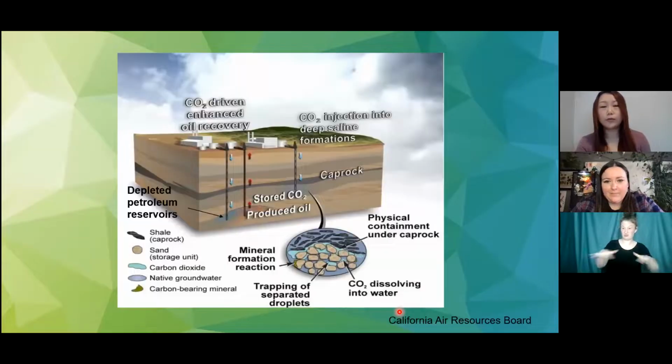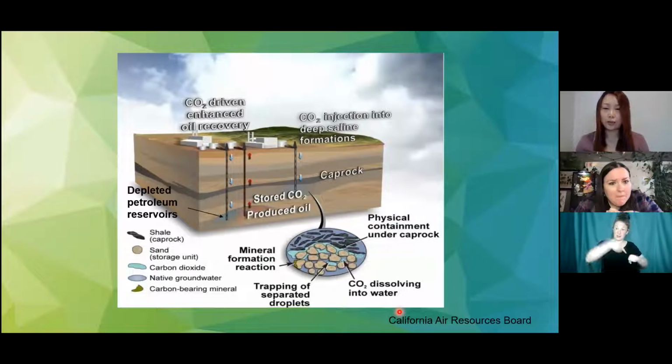There are many ways to do it, but I think one of the most promising ways is to reuse the petroleum reservoirs, which is injecting carbon dioxide back into where it comes from, really. And in this very busy diagram, it sort of shows how it works in a very simplistic way. And I don't want you to be confused by reading all of this.